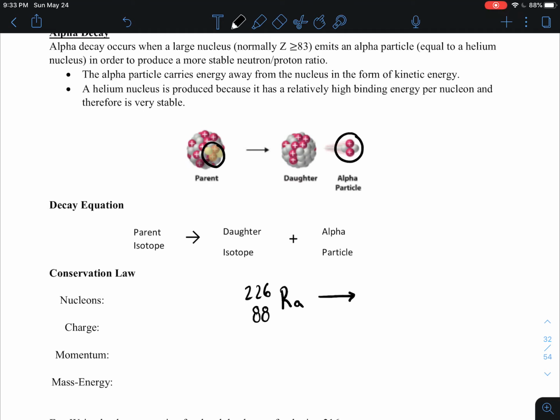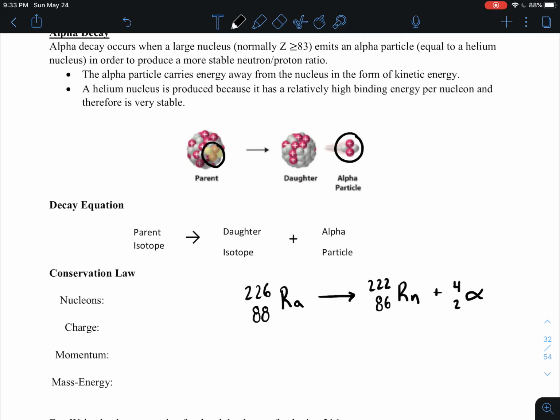It releases, in this case, 222 and 86, and this becomes radon, and in the process also gives up an alpha particle. We can say alpha or we can say helium, really doesn't matter.